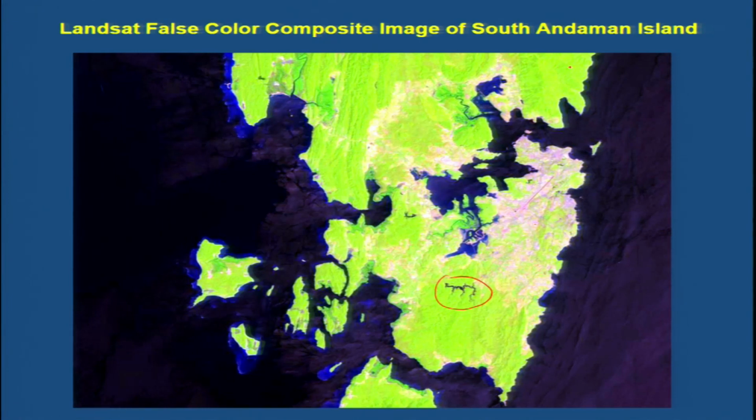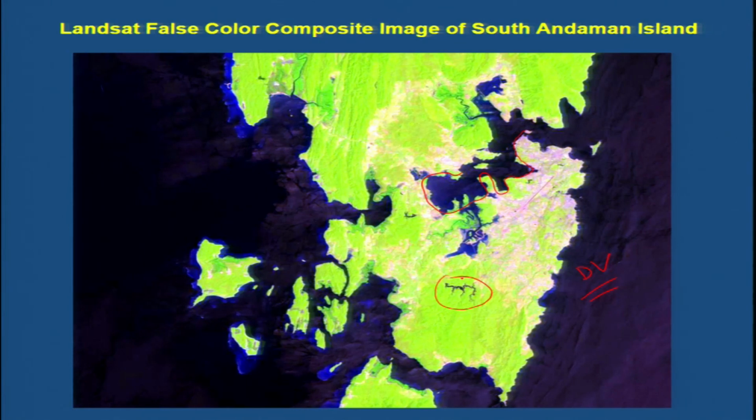So the greenish part comprises most of the image, which is the dense vegetation. It shows dense vegetation and mixed type of jungles, and this part is forming a bay region.